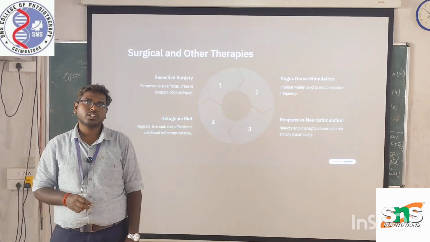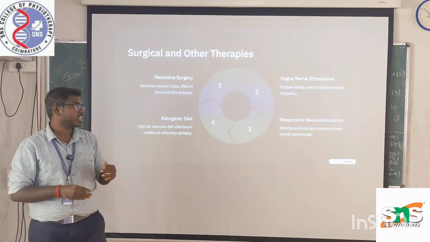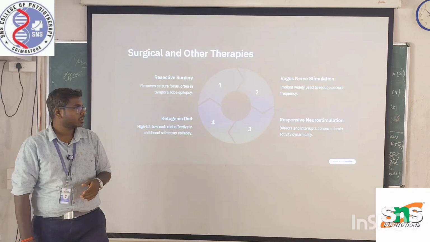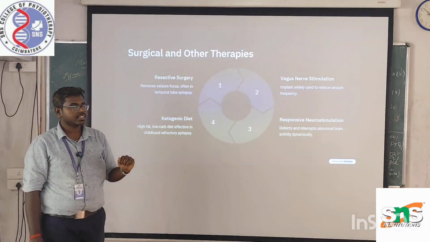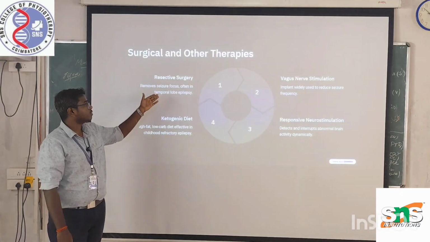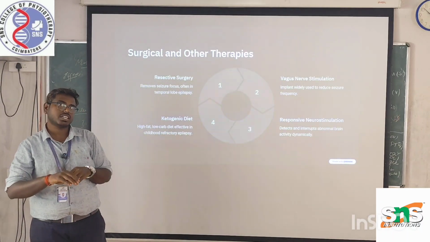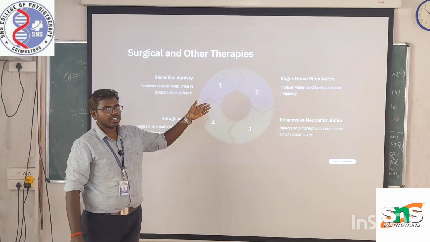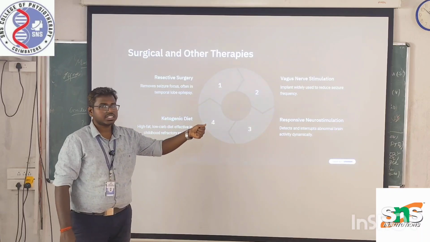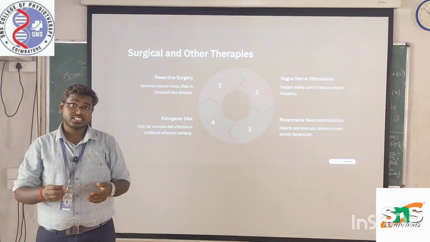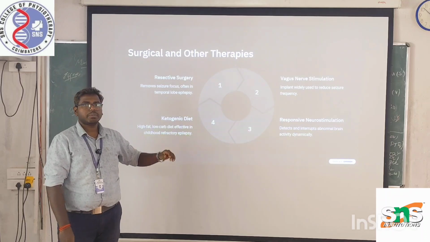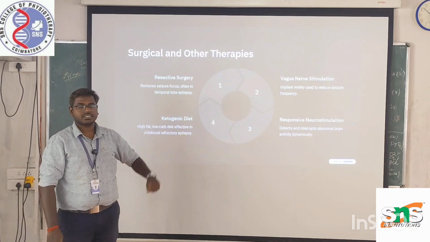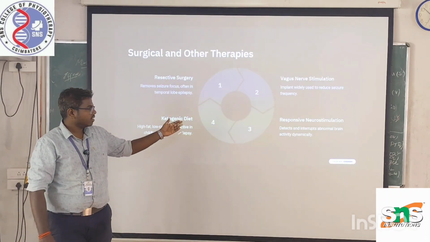Finally, we will look at management based on surgical and some other therapies. First, resective surgery, which mainly helps patients whose seizures focus on a particular affected area of the brain. Second, we go for vagus nerve stimulation, one of the major techniques we use in patients to treat seizures.